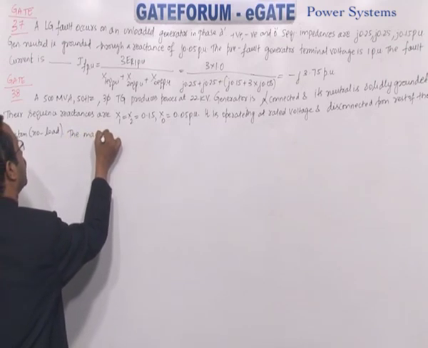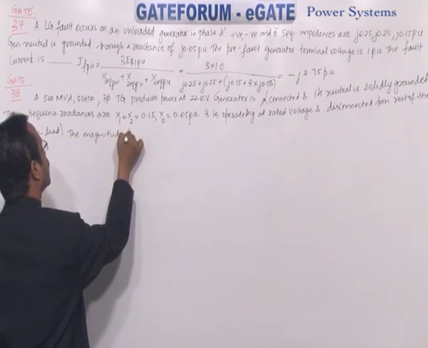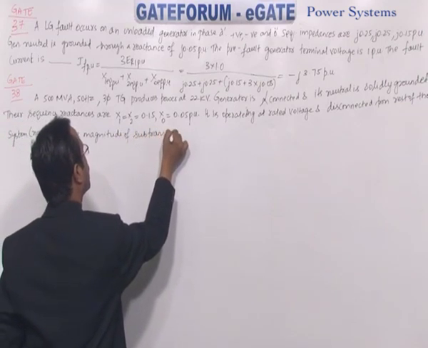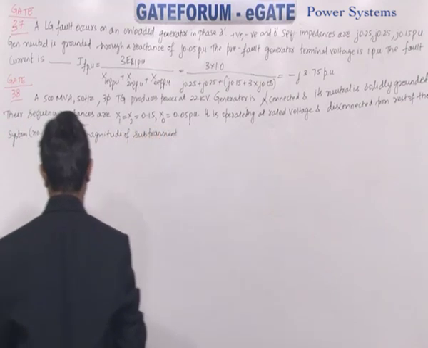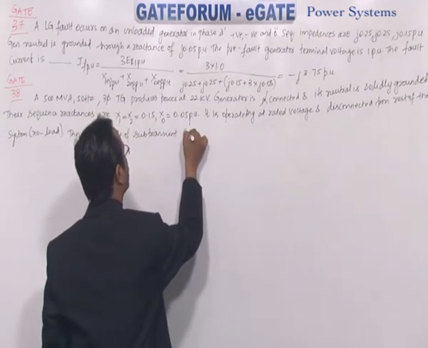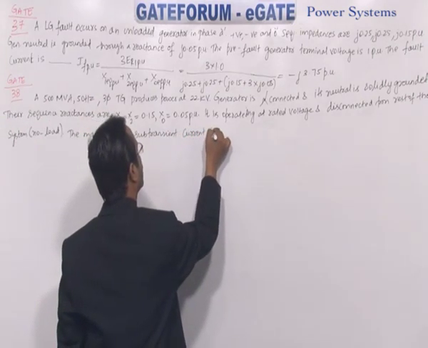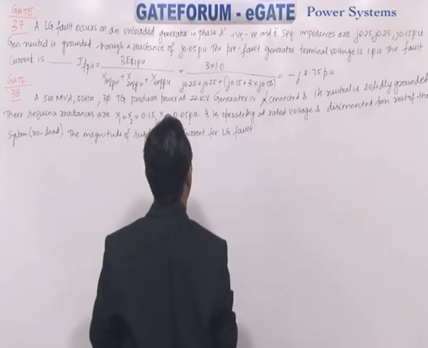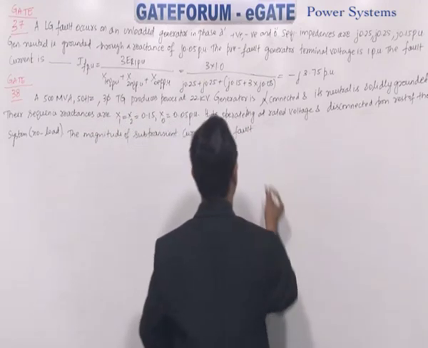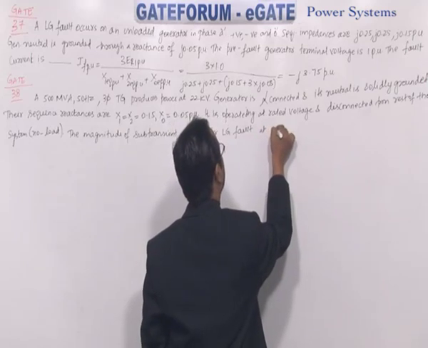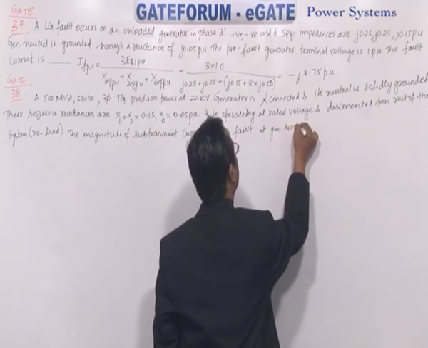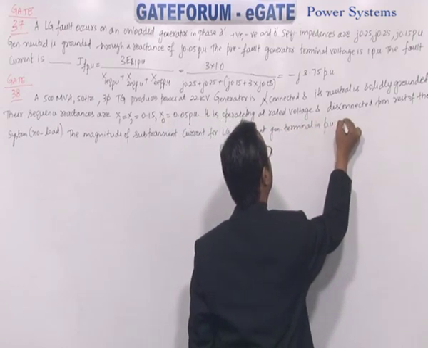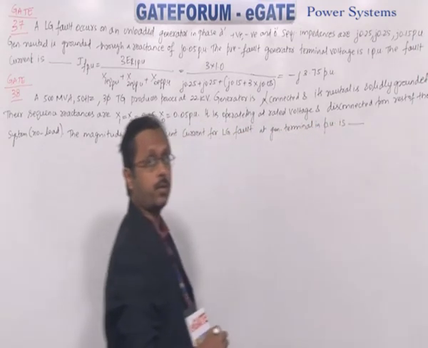The magnitude of subtransient current for LG fault at the generator terminals in per unit is?